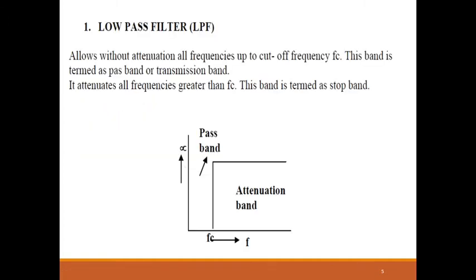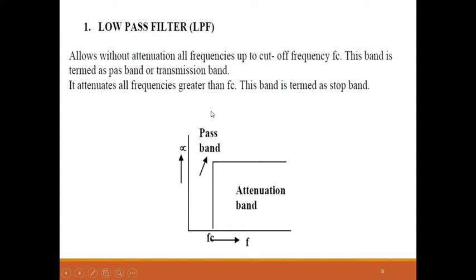The low pass filter means it will allow the frequencies up to a certain frequency, from 0 to the cutoff frequency. This band is termed the pass band or transmission band.